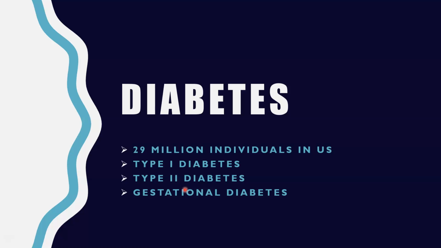So the body produces insulin, but either it's ineffective or there's not enough. And then there's gestational diabetes, which can be a temporary insulin resistance associated with pregnancy. It usually occurs around the 24th week of pregnancy and is associated with an increased risk of developing type 2 diabetes.